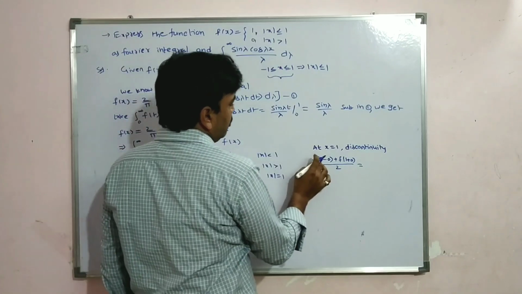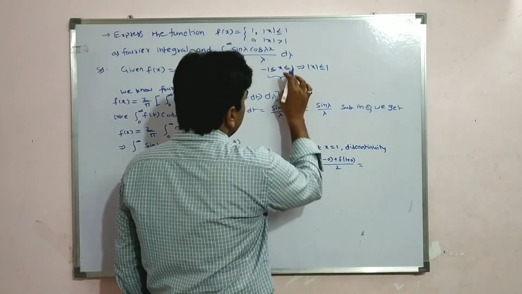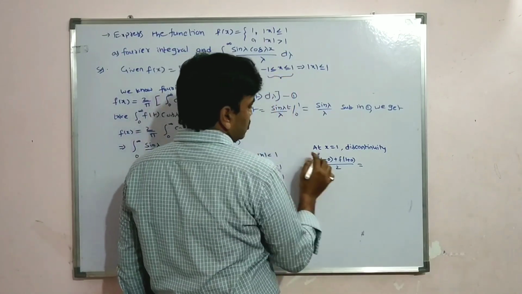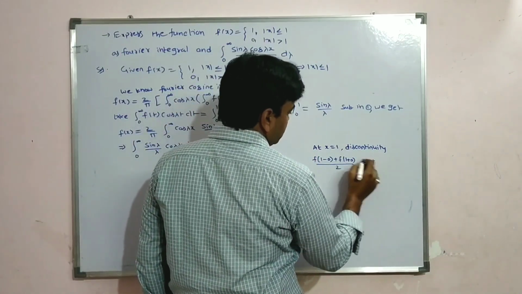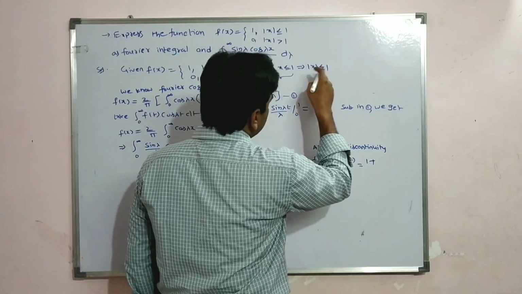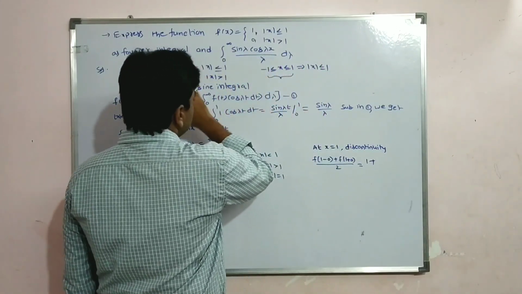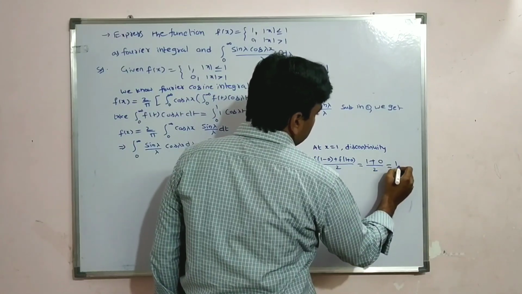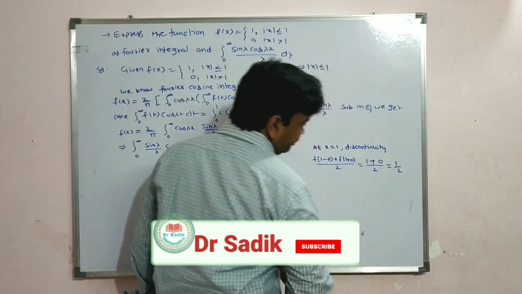So 1 minus, the value is 1. Plus, 1 plus, beyond the 1 the value is 0. So 1 plus 0 divided by 2, we get 1 by 2.